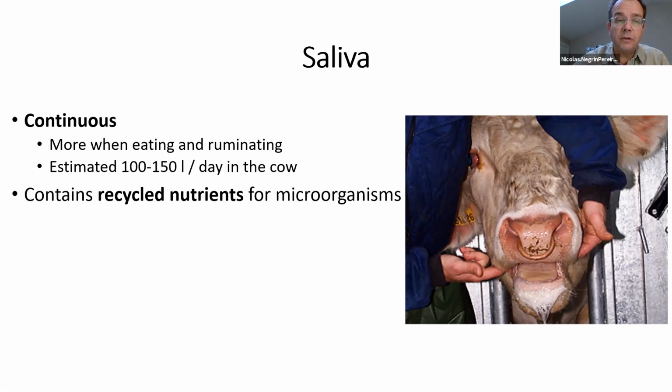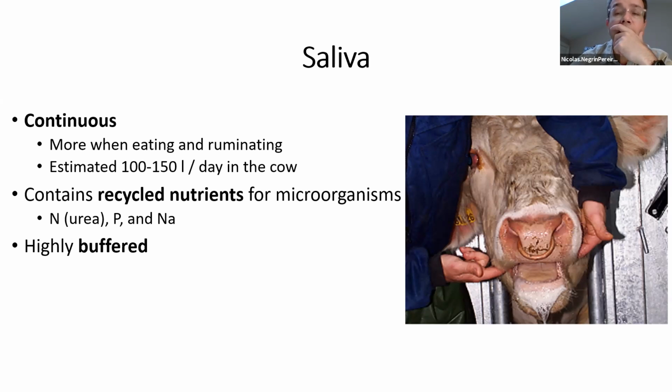Saliva contains a lot of recycled nutrients that are important for microorganisms, and this is really important about salivation in ruminants, because the abundant production of saliva allows them to recycle a lot of nitrogen as urea, phosphorus, and sodium.